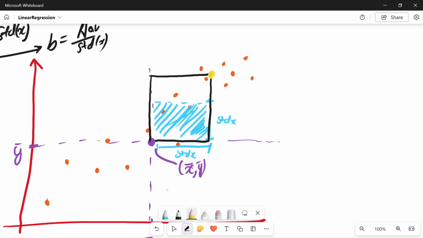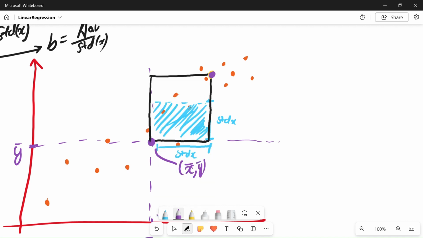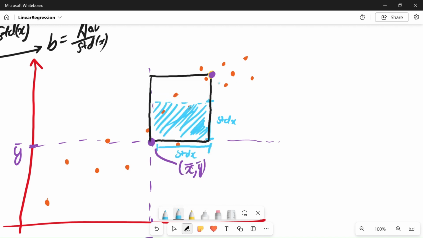If you're finding it difficult to see that point, let me choose purple. It's not a good color. Maybe blue was better. Yeah, so this is that average point, or this represents the average point of our data set, right? This particular point. And this is the standard deviation of x comma standard deviation of x, and this is our average point.